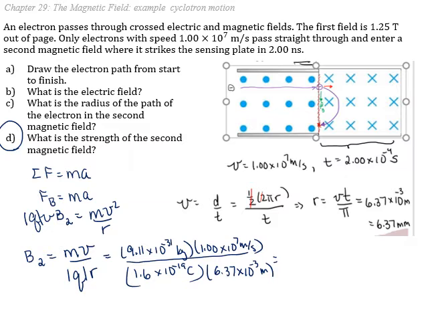Put all that through the calculator, we get 8.94 times 10 to the minus 3 teslas. And then since magnetic field is a vector, we do have to write it as a vector. So you can say that it's into the page, or you can say that it's in the minus k hat direction.